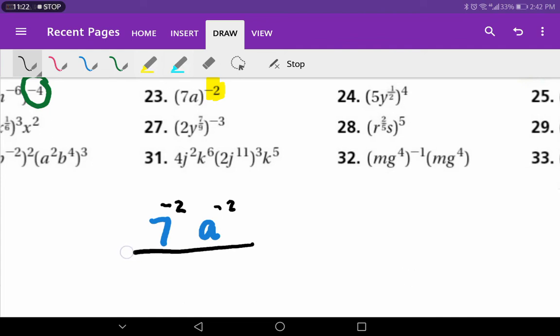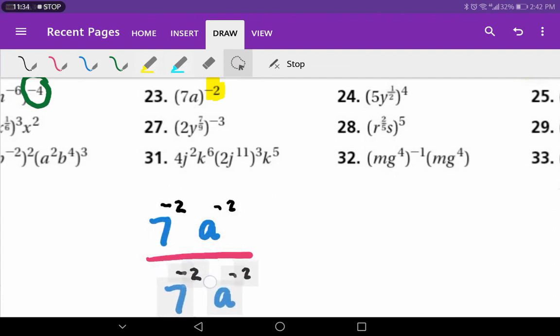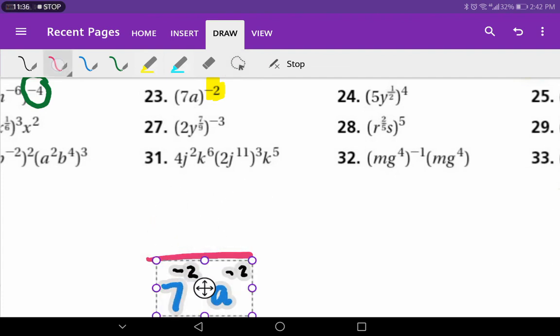Okay, I will push them down. See? So I put it here, and for the empty one, I will put 1 and change the sign. Are you happy? I hope so.